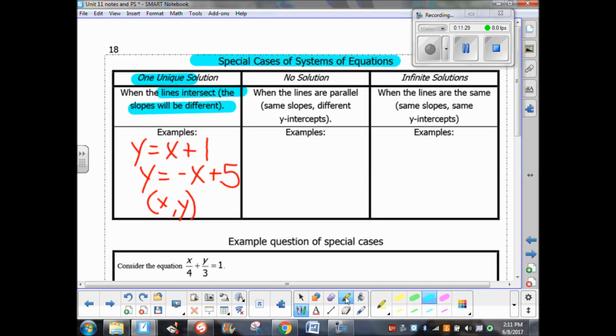What about the situation of no solution? What are the equations going to look like when it's no solution? When the lines are parallel: same slopes, different y-intercepts. I'll give you the first one.